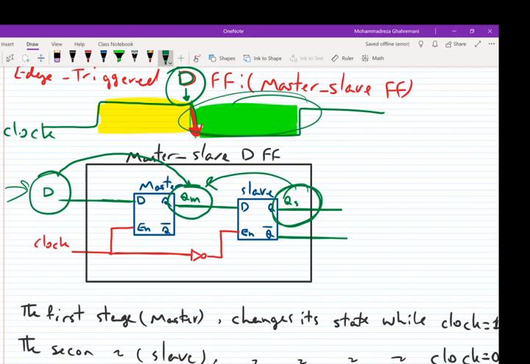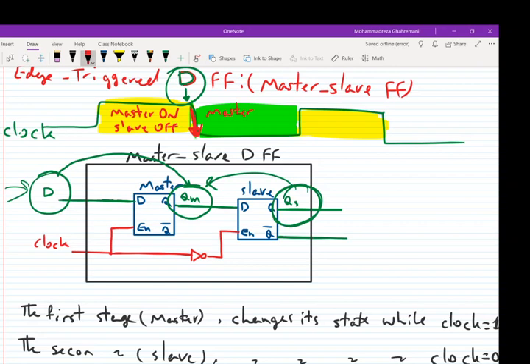QS will remain constant until the next falling edge, because in the next activated area the slave is off and the master is on, and so on. Let me write it down. Here master on, slave off. Here master off, slave on.